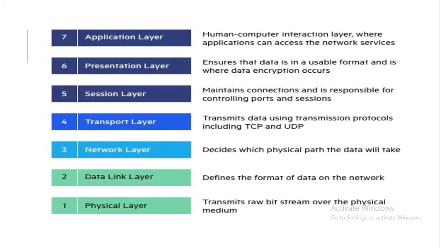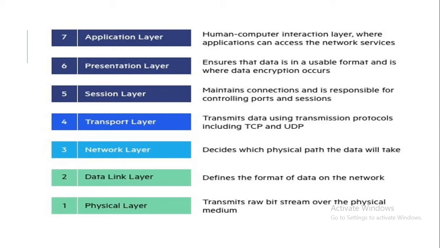This is the several layer model. It shows the functions of the layers. As you can see, the physical layer transmits raw bit streams over the physical medium. The data link layer defines the format of data on the network.